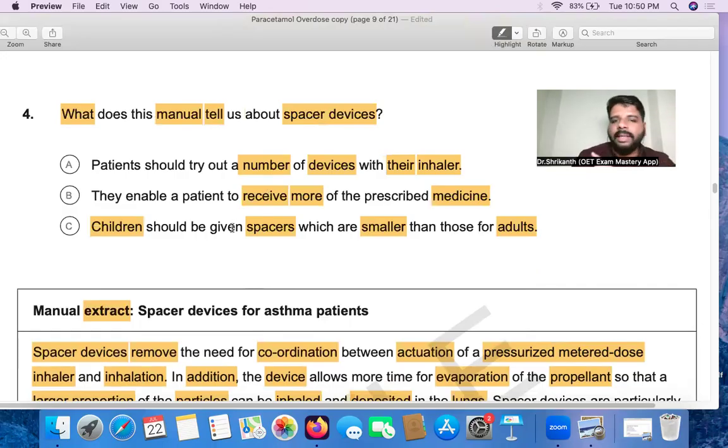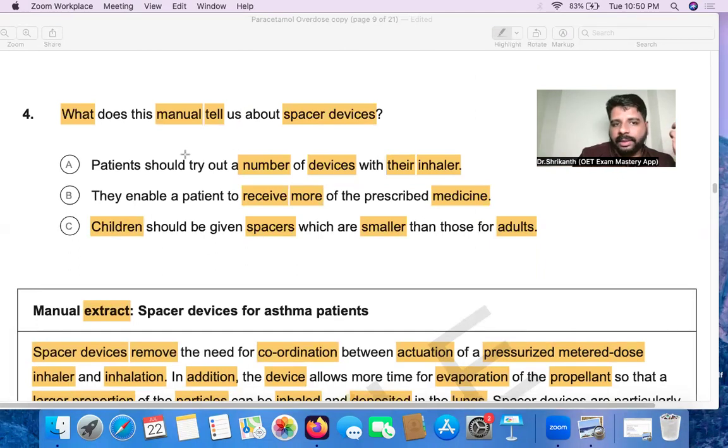So this is what we call an extreme contradiction. Contradiction means what? The exact opposite is mentioned. So in the paragraph, they have written do not change or do not try a number of devices. So this is the verb over here, and the exact opposite of the verb is mentioned in the passage. So you can very easily eliminate answer option A. Now you have a 50-50 chance.